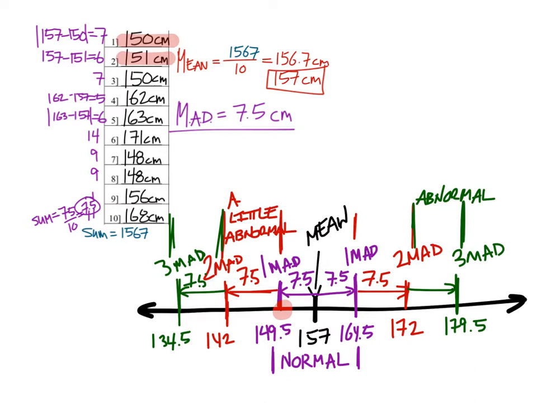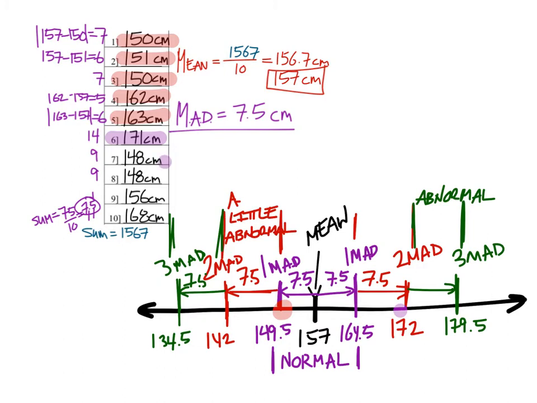That's pretty normal. 150 is normal, 162, 163. But what about this 171 stuff right there? Now we're looking at it, it's pretty close to the second mean absolute deviation, the edge of that. It's beyond 1 mean absolute deviation, almost 2 away. So yeah, we would start to consider this a little abnormal.